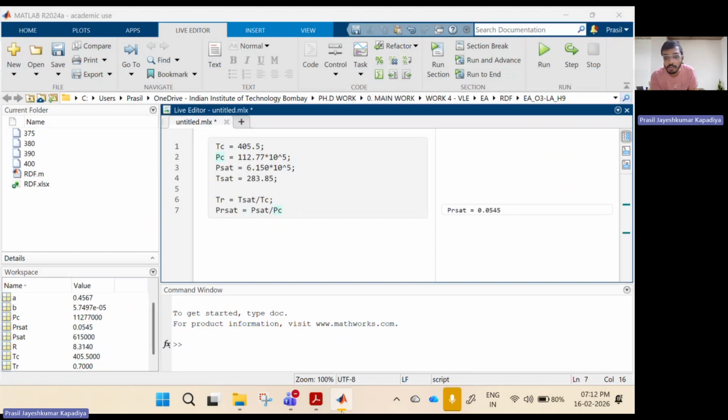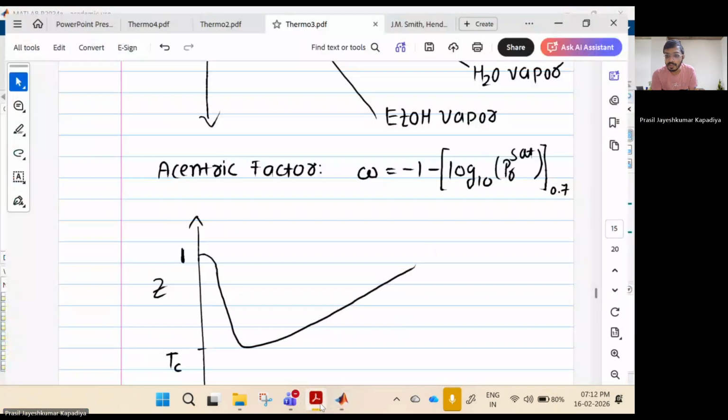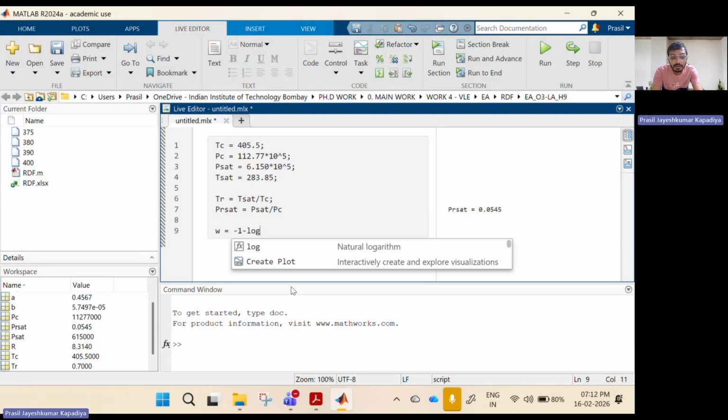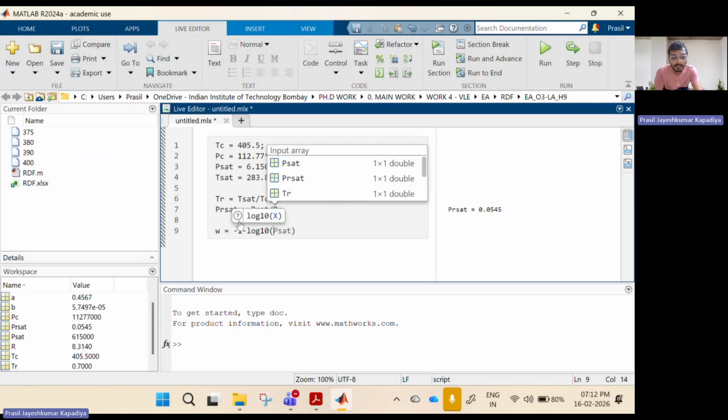So what I need to do now, my omega is -1 minus log 10 of this PR sat. So my omega is equal to -1 minus log 10 of this PR sat.